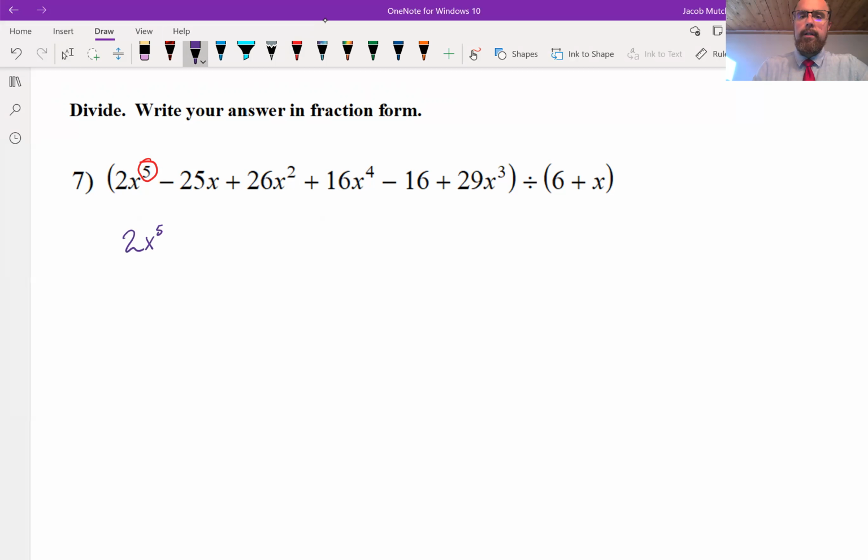Now I'm going to put it in the descending order. So my next term would be 16x to the 4th. Notice my power is just going down by 1. Next would be plus 29x cubed. Then plus 26x squared.